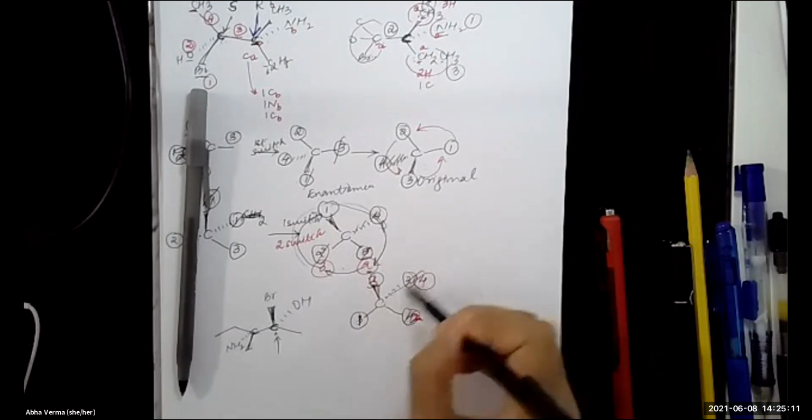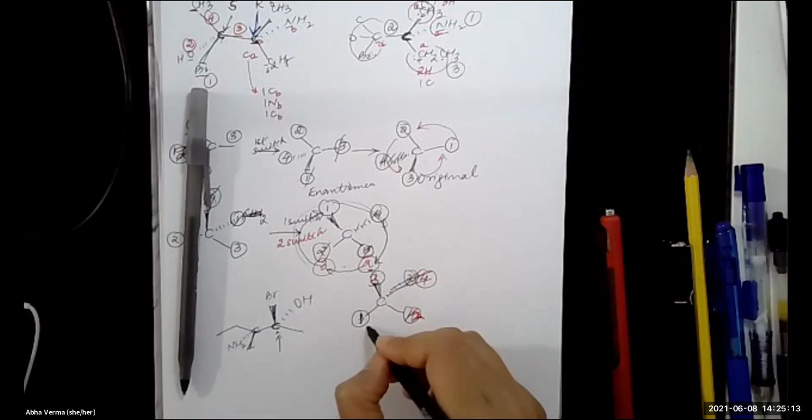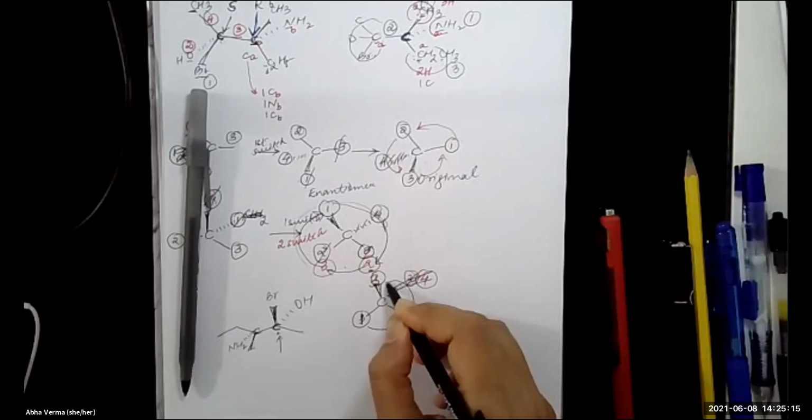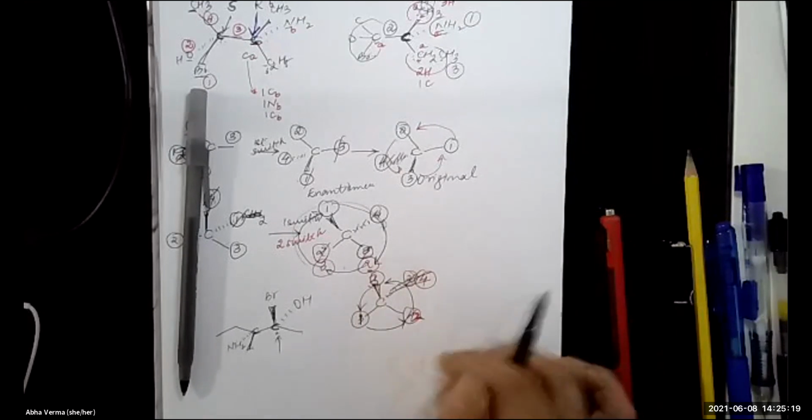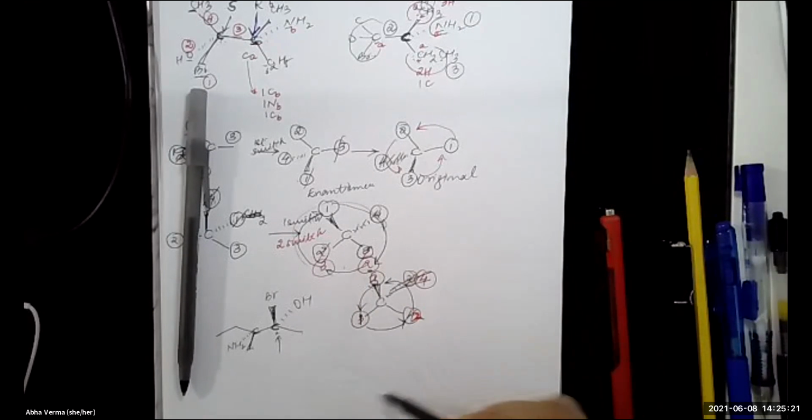Now, ignoring my 4, 1 goes to 2, 2 goes to 3. And what is this rotation going on? This is anti-clockwise, very good. And so this carbon has to be assigned an S.